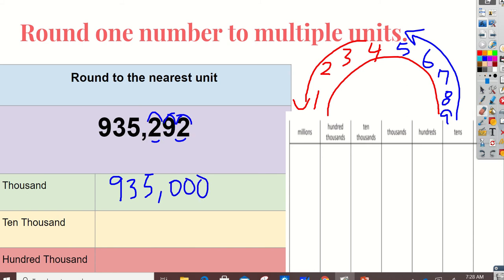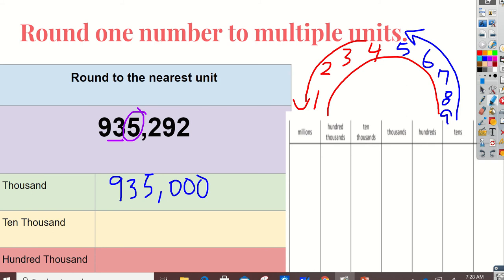Next, we're going to have to round to the nearest 10,000. That's a digit right next door to that 1,000 unit. So if you said 3, you're right. And of course, we're going to circle the digit next door, which is 5. Let's take a look at the roller coaster.